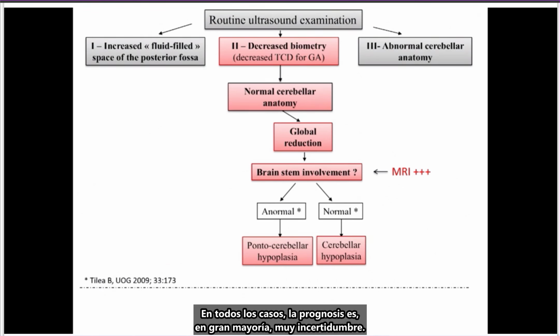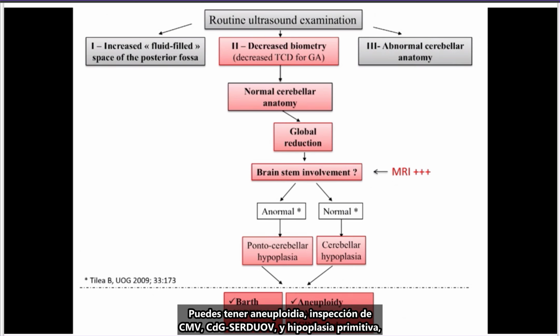In all cases, the prognosis is in the vast majority very uncertain. You can have aneuploidy, CMV infection, CDG syndrome, and primitive hypoplasia with some genetic disease, like the oligophrenin-1 and reelin genes.